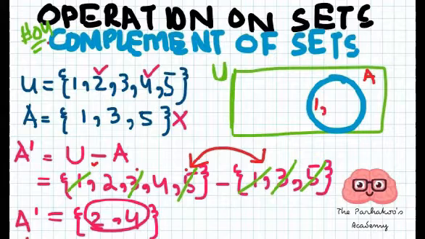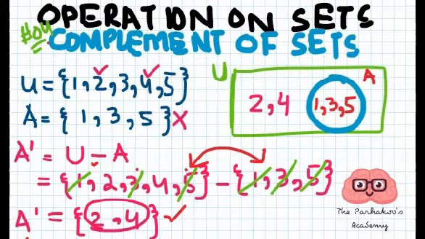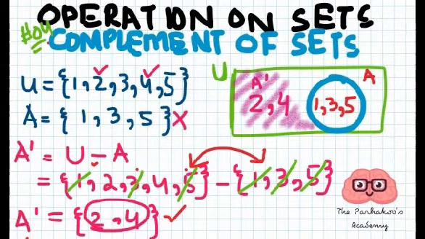So 1 3 5 common, and we have 2 and 4 which is left in universal set. So this is A complement. So here we are going to shade this area because this denotes A complement. These are all those elements which are not in A.